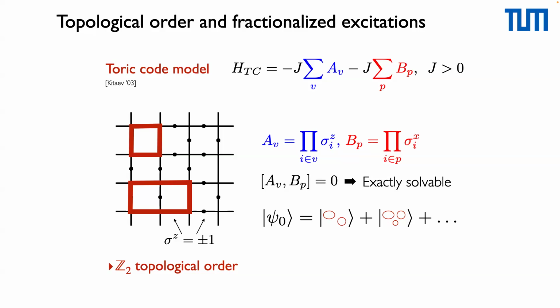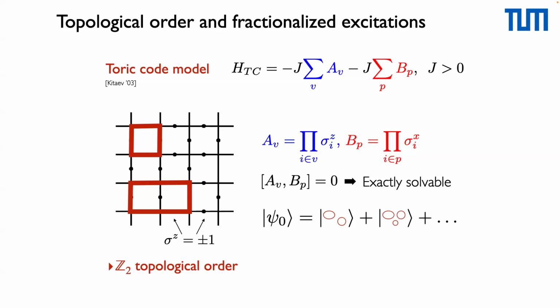And then we find that the ground state of this model is simply an equal superposition of all loop coverings of the lattice. The way that I'm thinking about these loops is that I'm going to the sigma z basis. So I have the representation of the spin where, whenever the spin is in the +1 state, I leave this bond empty, and if the state is in the -1 state, I put here a red bar.